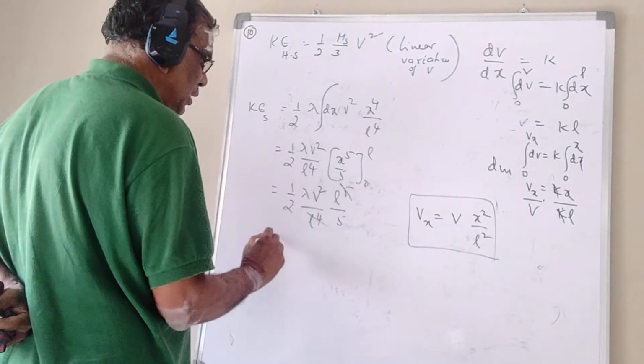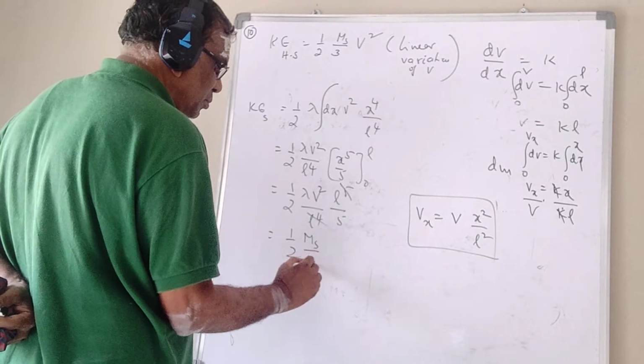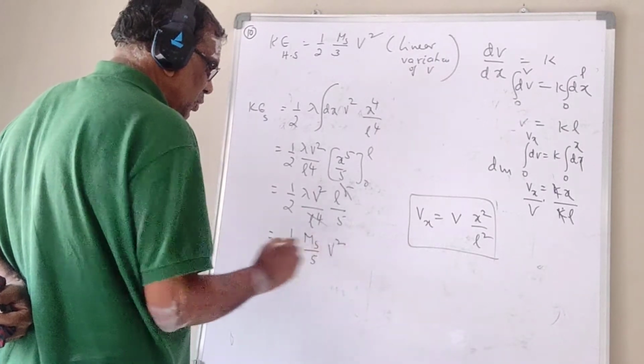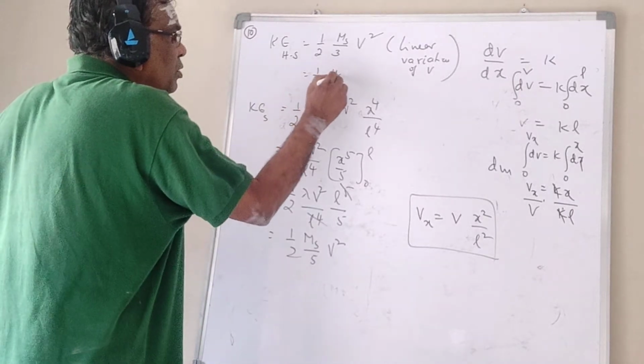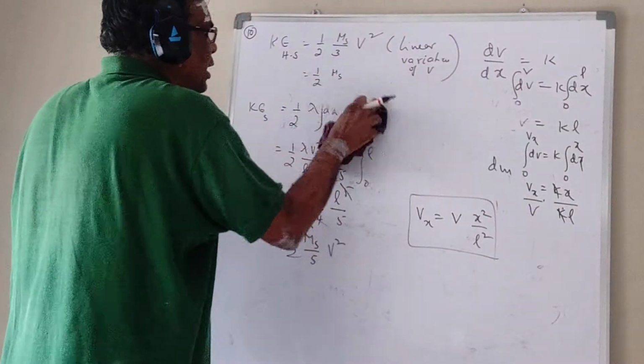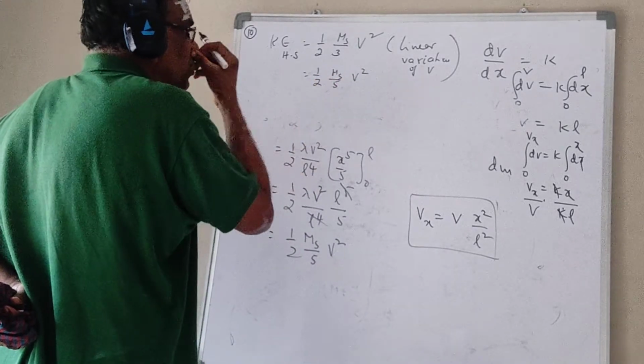This gets cancelled. Half lambda L is the mass of the spring, into v squared. So this is half Ms by 5 into v squared.